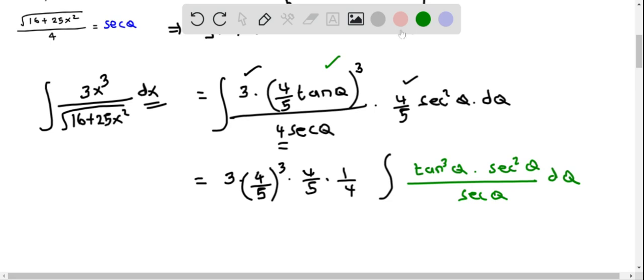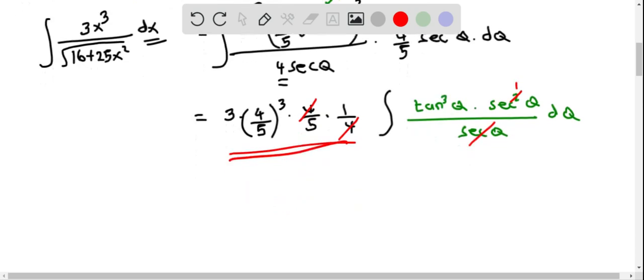Let's simplify this expression. We see some cancellations. We can cancel this 4 with this 4, as well as the secant cubed goes one time, that is secant power 1, or is just simply secant. And we will simplify this product. So this equals 3 times 4 cubed divided by 5 cubed. 4 cubed is 100 and, I'm sorry, it is 64.